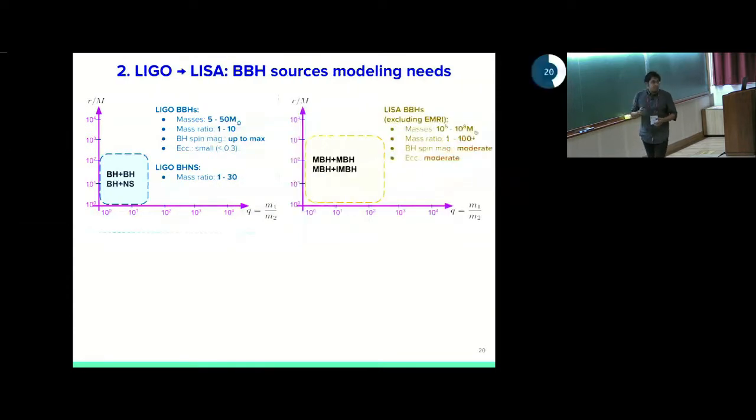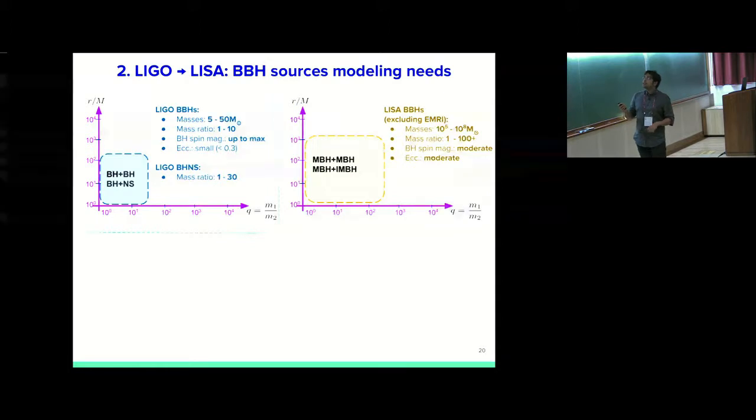Going forward, I just want to show a couple of slides on LISA. As Larry already mentioned, since for the binary black hole problem total mass scales out of the problem, most of our waveforms carry forward for the case of supermassive black hole binary mergers that LISA will see. And these black holes can individually have masses between 10 to the power 5 to 8, which means they can easily have mass ratios above 100, right?